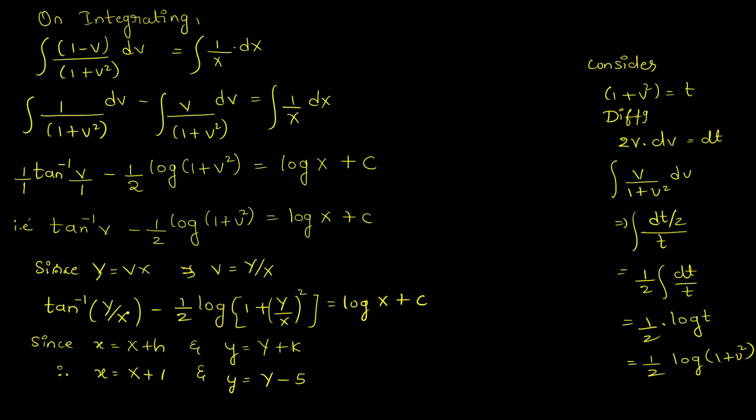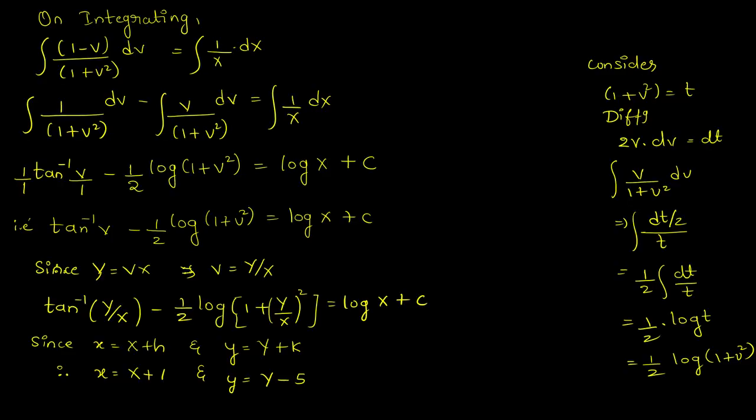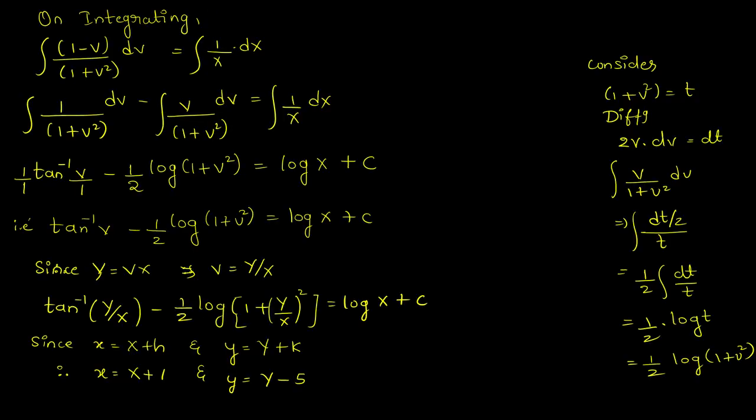So these are all the substitutions we are making in this equation. That is, we get capital X value as x minus 1 and capital Y value as y plus 5.